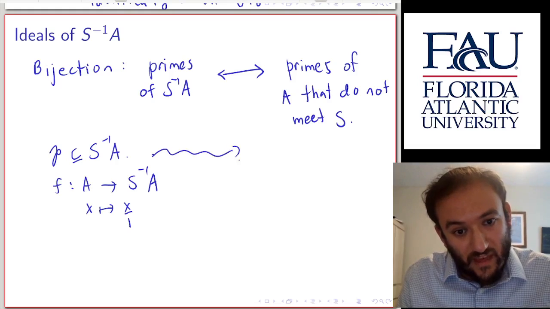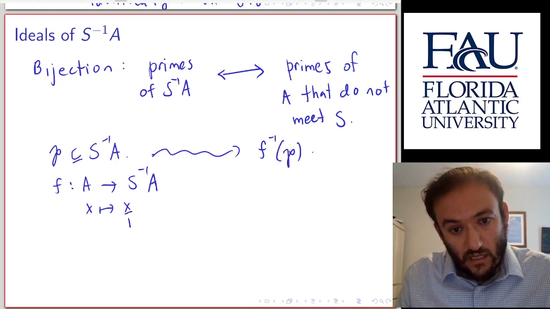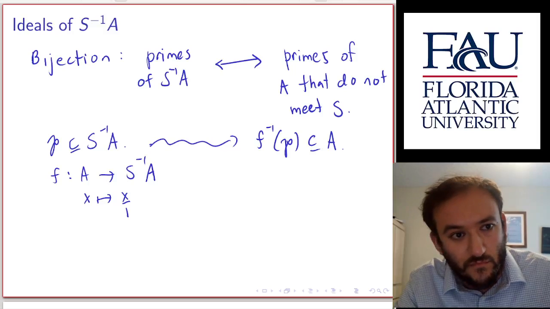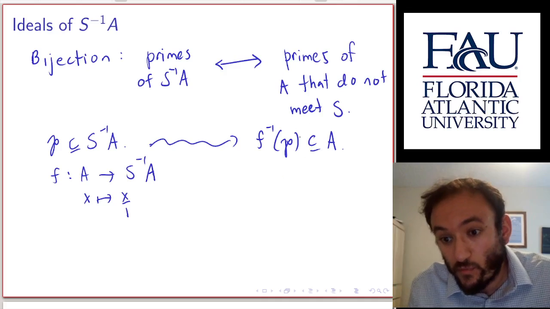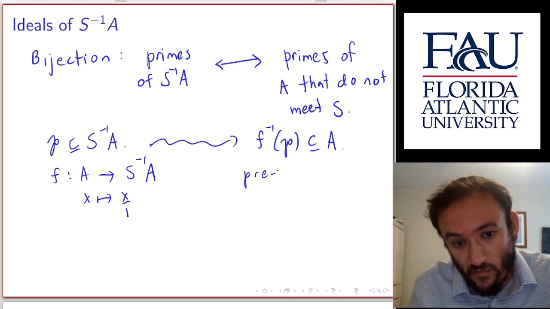So this will map to the preimage of P in A. And this ideal will be prime because preimages of prime ideals are prime.